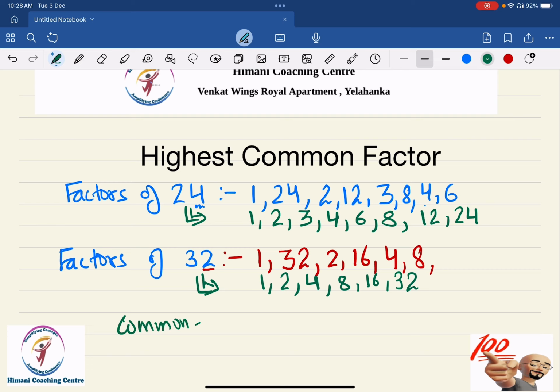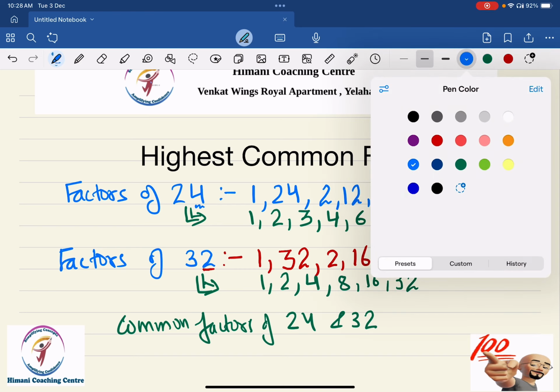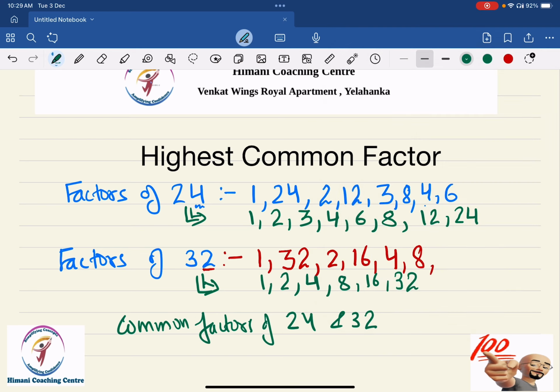Now let us find common factors. We will find common factors of 24 and 32. Let us circle those. Let me use this color. Is 1 there in both? Yes, so common factor 1 is there.